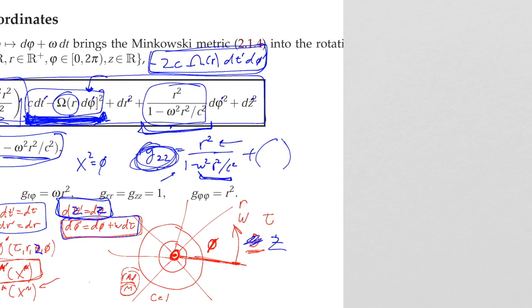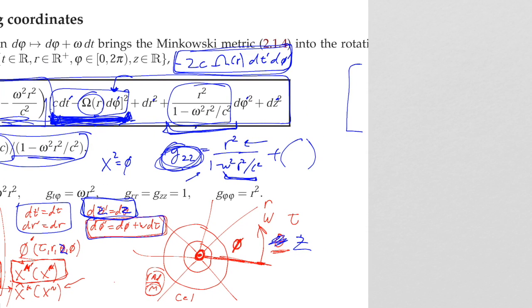So when you write down this metric, you're now going to have a G00, a G11, a G22, a G33, and you're going to have a G02 and a G20, and then the rest of these will be 0, like that.